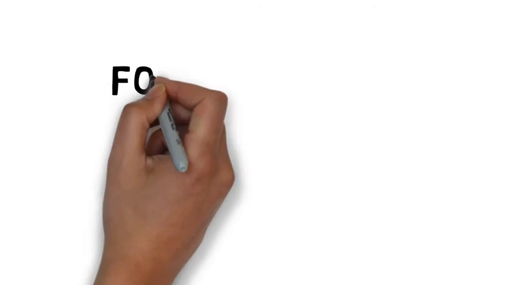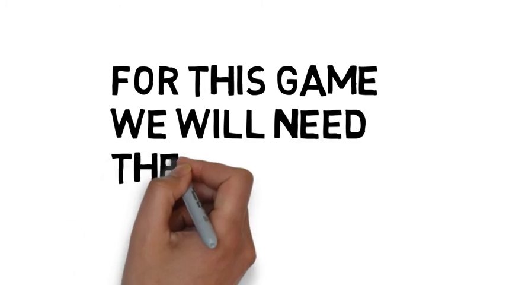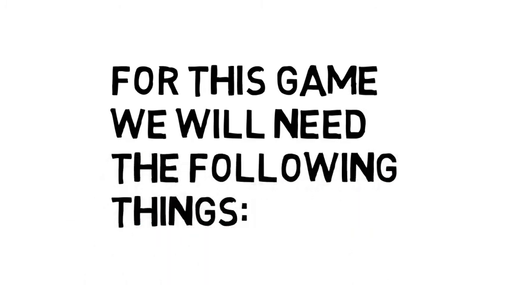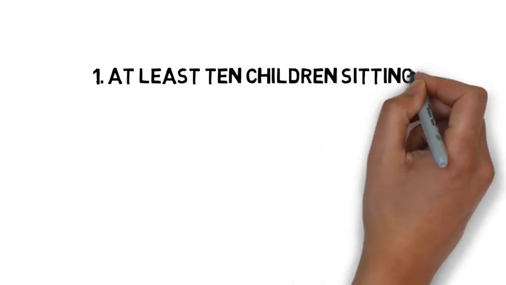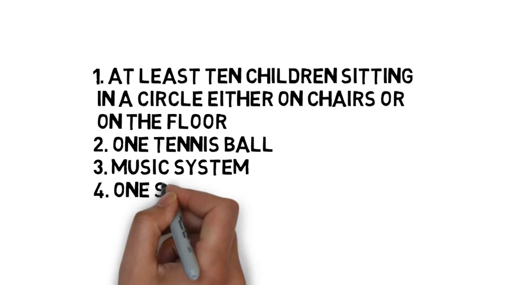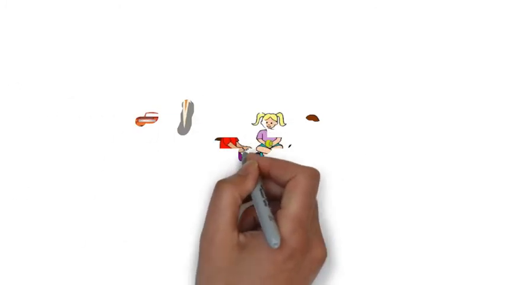For this, we will need the following things. The first is, we will need at least 10 participants, children, to be seated on chairs in a circle or on the floor in a circle or square arrangement, one tennis ball, one music system or stereo, and one senior to operate the music system.